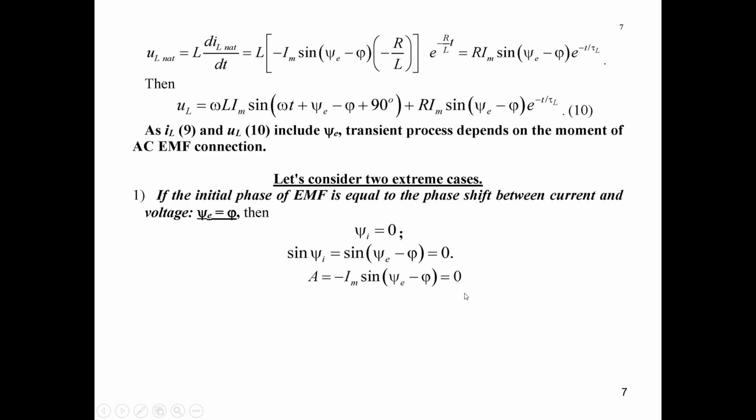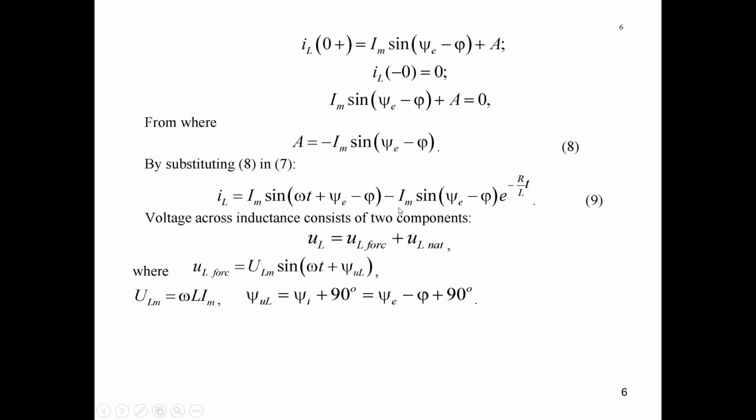So for the natural component, it's easier to determine it as the derivative by time of the natural component of current through inductance multiplied by L, the level of inductance. So we should take the derivative of this item, which corresponds to the natural component of current through inductance. You see, this is just a constant coefficient which does not depend on time, no time here.